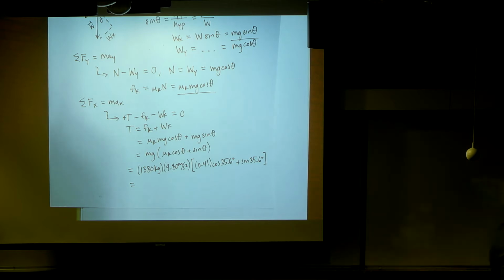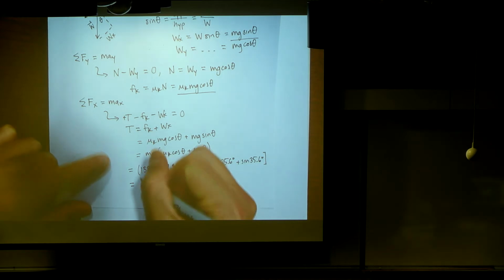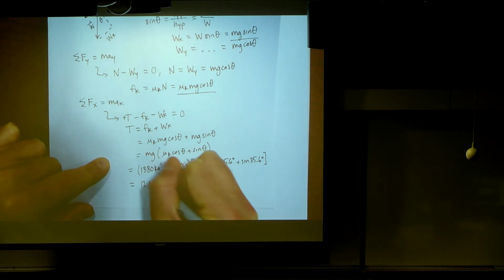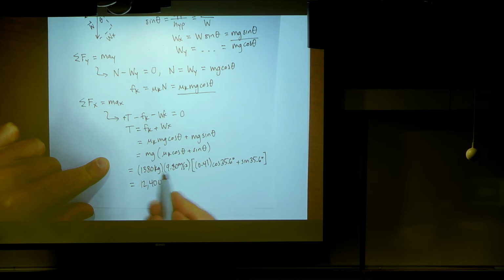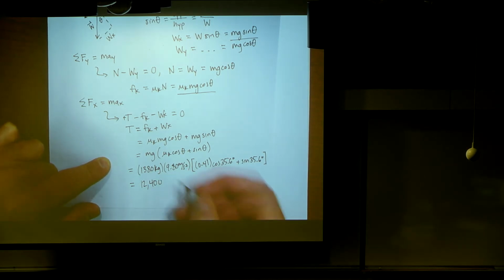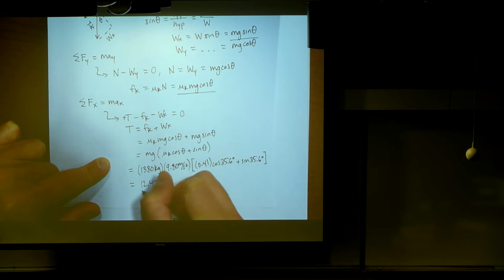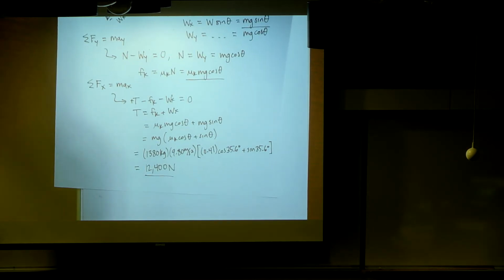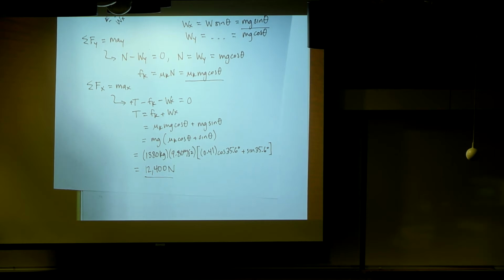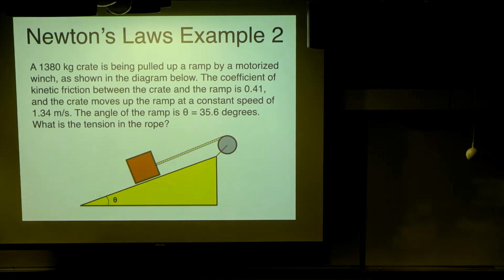Yeah, 12,400. And we can see the units work out to newtons, right? Because we have kilograms times meters per second squared, and then this is all just unitless. So that's how much force would be required to pull it up the ramp, right? Okay, any questions on that one? So hopefully this is looking familiar. There's the answer. Let's keep going, okay?